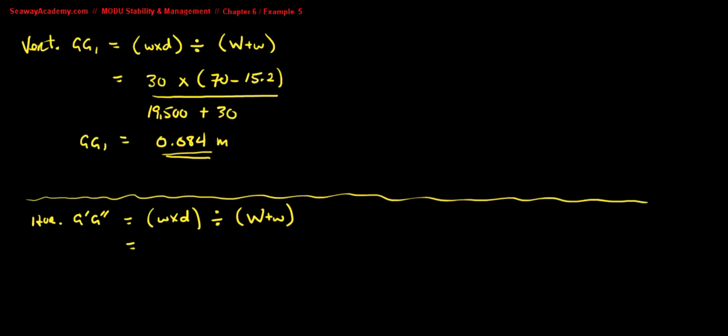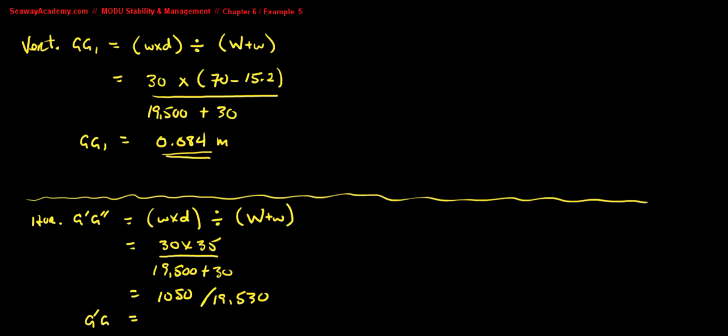So you've got a weight of 30 tons times 35 divided by the displacement of 19,500 plus a weight of 30 tons. So you get 1,050 divided by 19,530. So your horizontal shift of G, which is G1G2, is 0.054 meters.